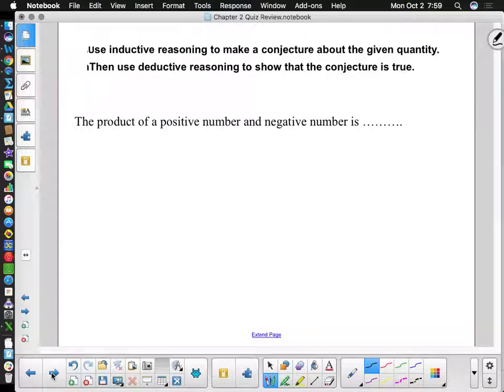The product of a positive number and a negative number is always negative. Okay? Use deductive reasoning to show that this is true.